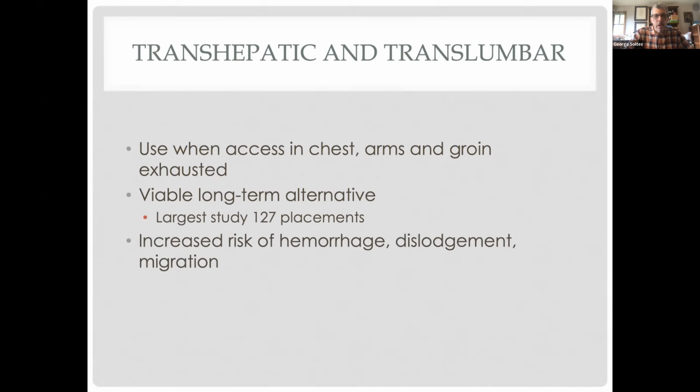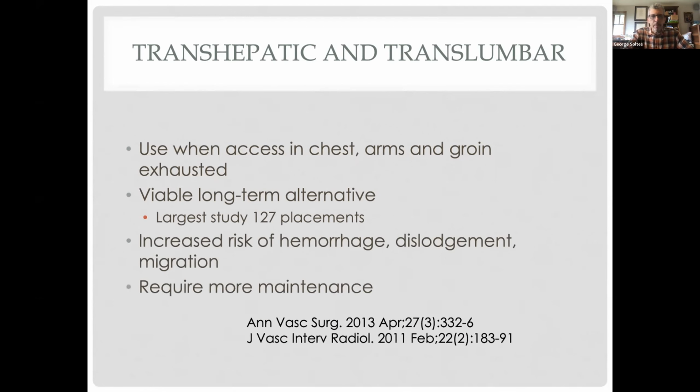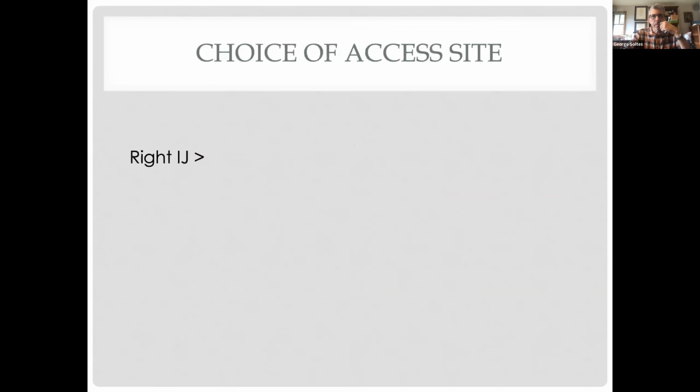We found they're not great. You're more likely to get dislodged or to migrate. They can prolapse by the liver. It can bleed. You can't really hold pressure on the hepatic vein. So they're not perfect, and they require more maintenance. You have to fix them more. However, we did find it was keeping patients alive, and we could keep long-term catheters in these patients over years.